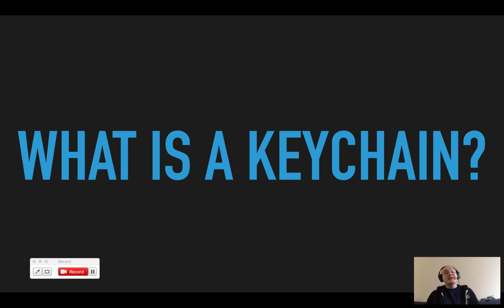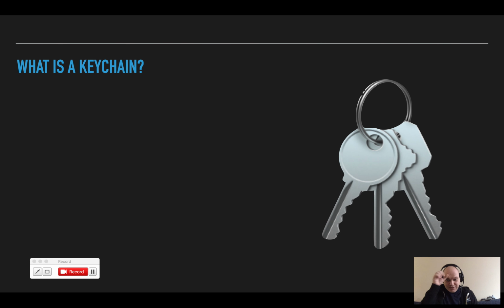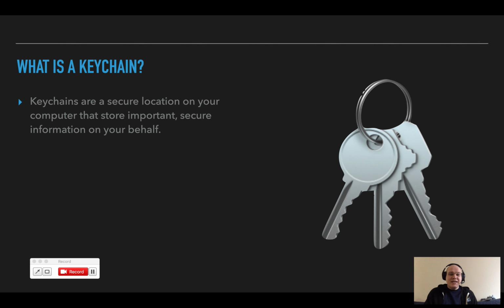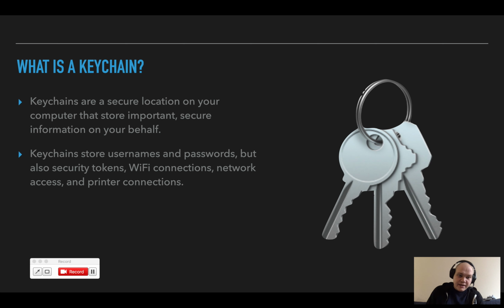So, what is a keychain? Well, a keychain is a secure location on your computer that stores important, secure information on your behalf. Keychains store usernames and passwords, but also security tokens, Wi-Fi connections, network access, and printer connections. Sometimes people say, I just don't use my keychain.